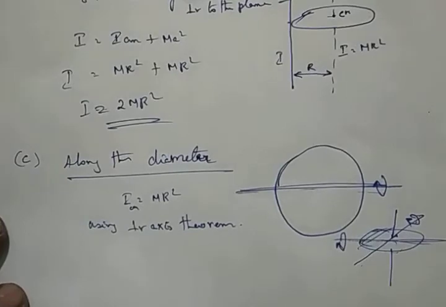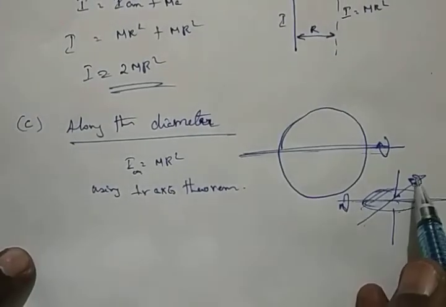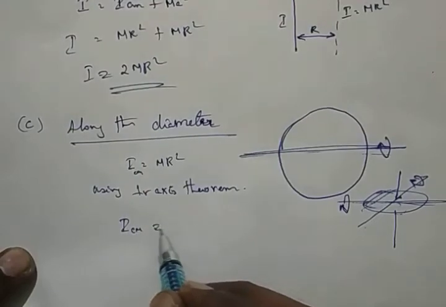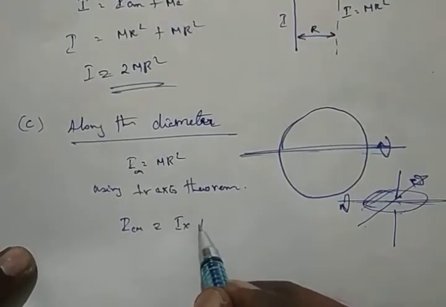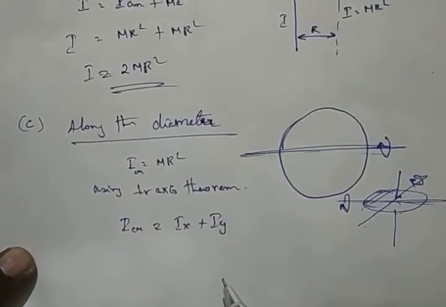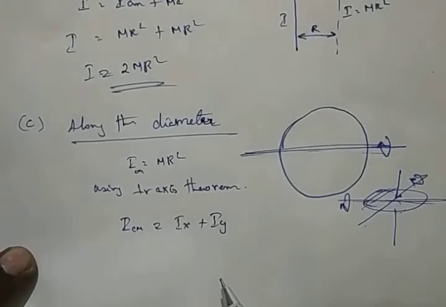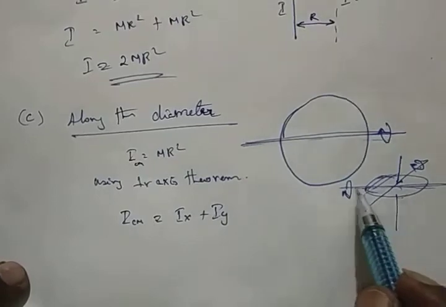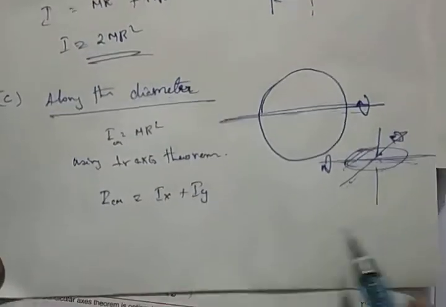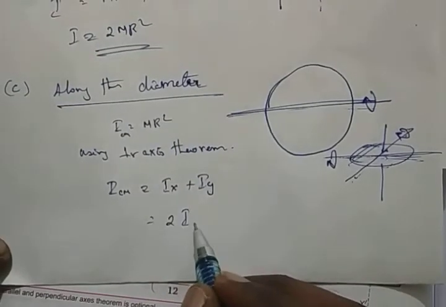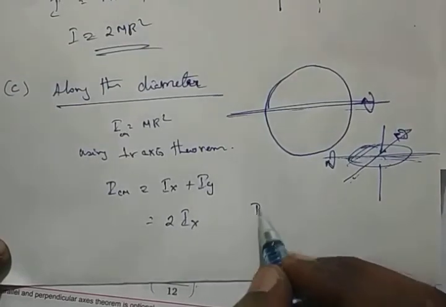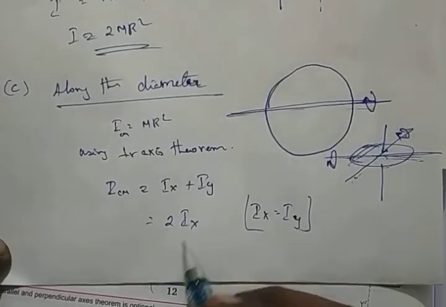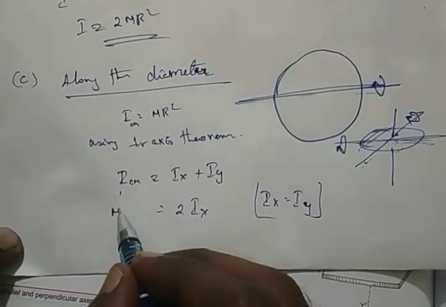I center of mass is going to be equal to Ix plus Iy. Now this one and this one will be the same, so it's going to be 2Ix, because Ix will be equal to Iy. This is going to be equal to mr square.